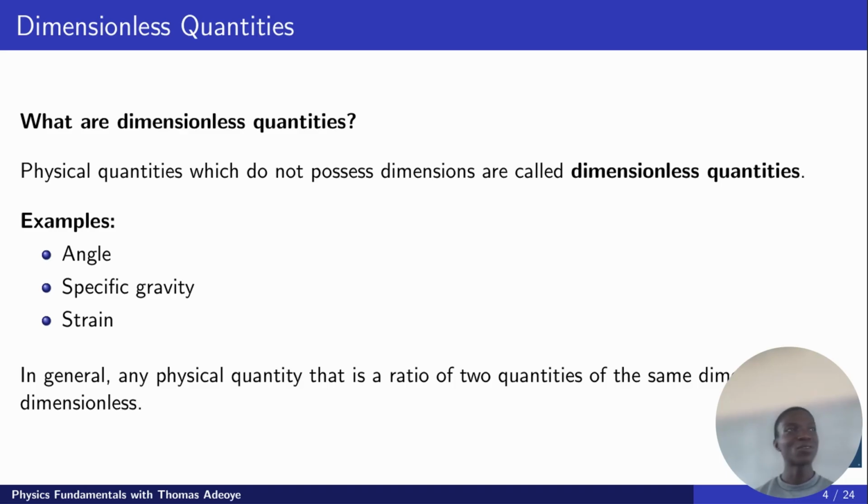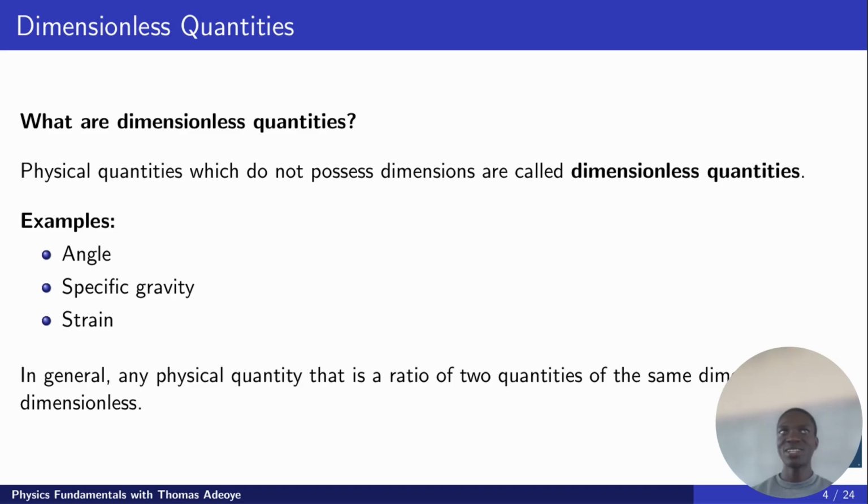Angles have units, so there is a scale, a yardstick with which we can measure angles. Angles are measured in degrees or radians. So the unit of an angle could be degree, or you measure it in radian. But it does not have dimension.